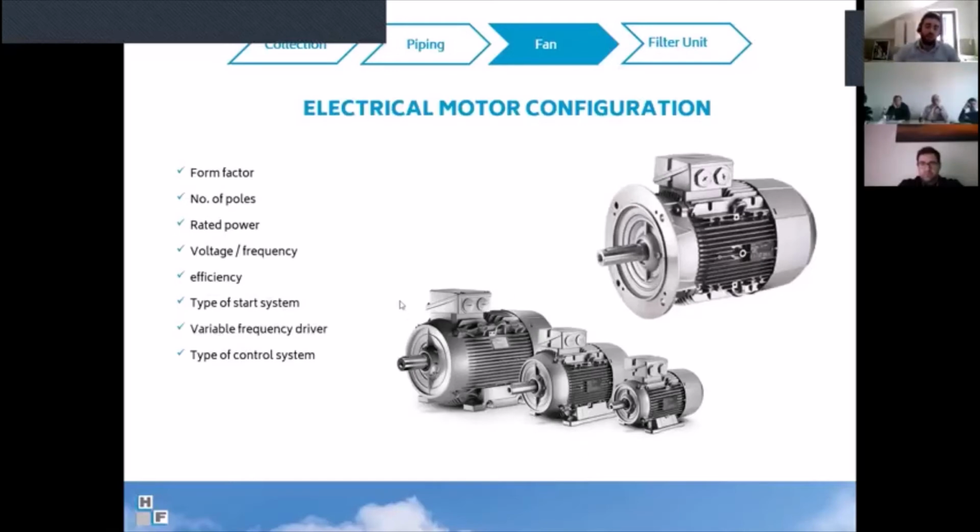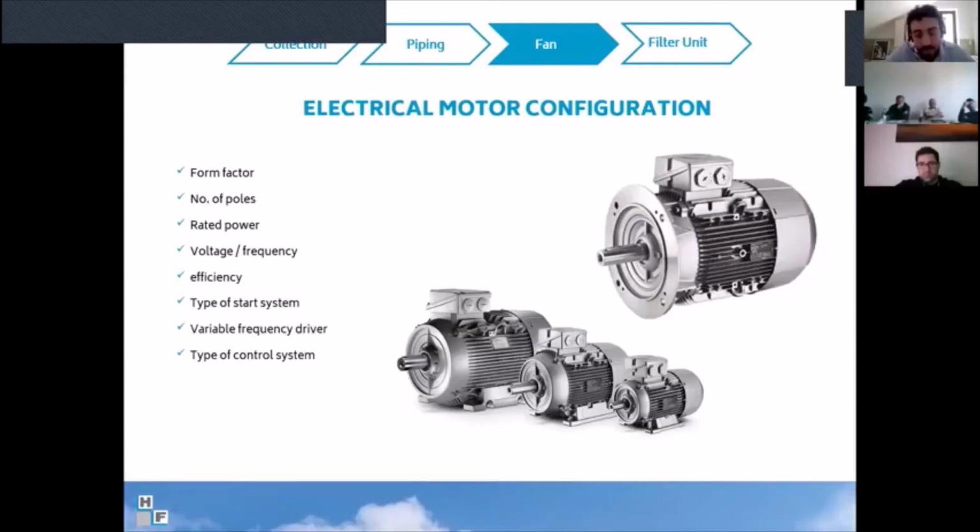Okay, then we have to choose the proper voltage and the frequency of the motor. In Europe, in Italy at least, we use 400 volts, 3 phases at 50 hertz. But if we install a motor in, for example, England, we need a different voltage. In USA, we need a different voltage, and also a different frequency. So we only have to choose the proper one for the installation.